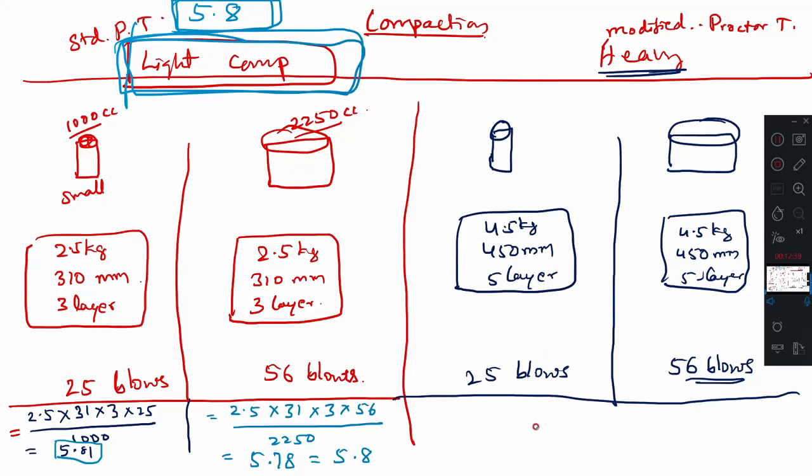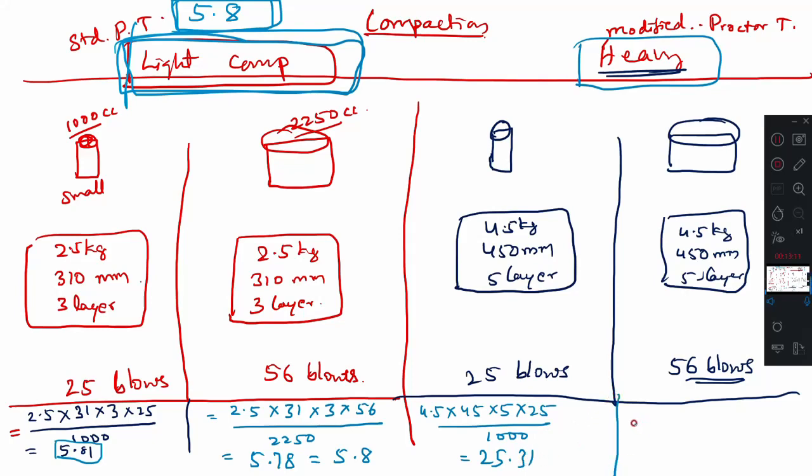Like that, when you come this side, that is heavy compaction. How do you calculate it? This is your 4.5 kg, 45 centimeter, 5 layers, 25 blows divided by 1000. What is the answer? 25.31.